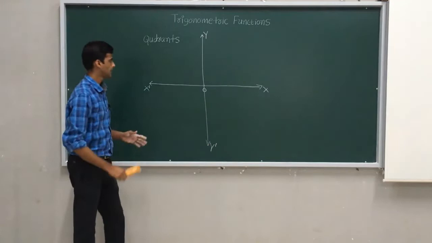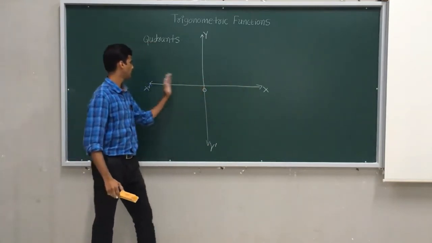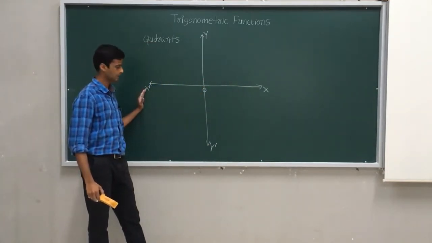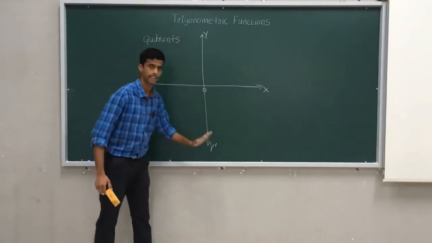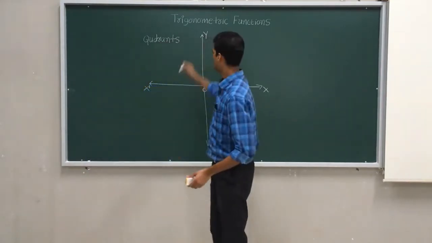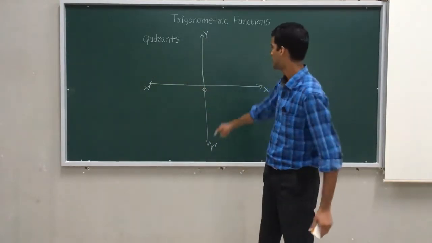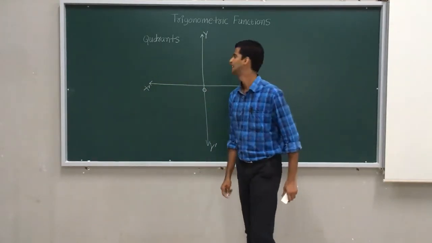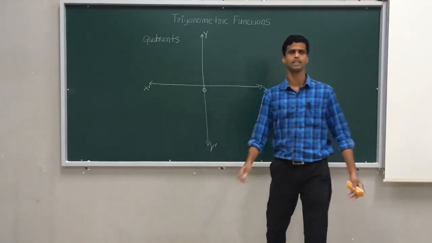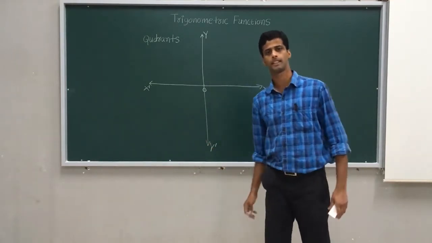So the lines X O X dash and Y O Y dash, as you studied in coordinate geometry, form the Cartesian plane. You may ask the question, sir, what is new in that? Teach us something different.